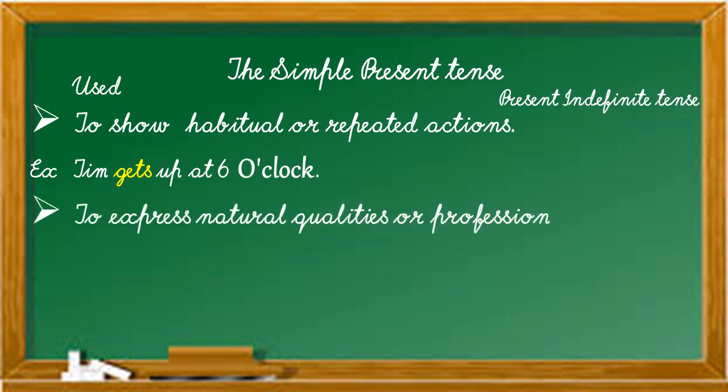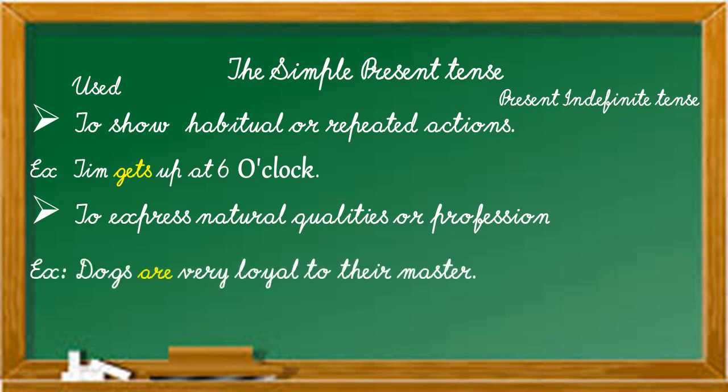To express natural qualities or profession. For example, dogs are very loyal to their master. In this sentence, the dog's natural quality is expressed. A carpenter makes furniture. In this sentence, the carpenter's professional activity is expressed.